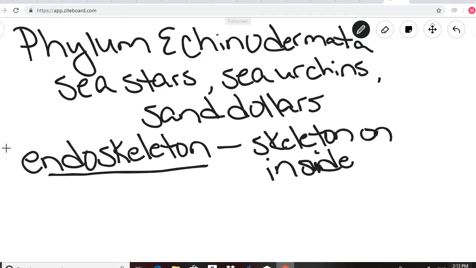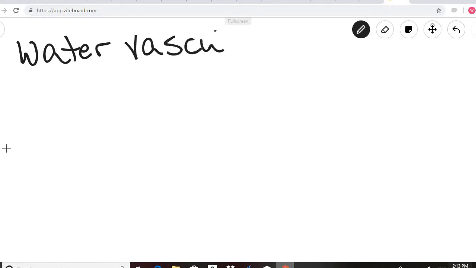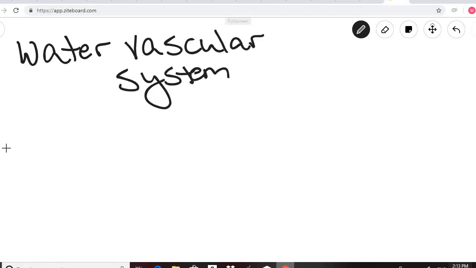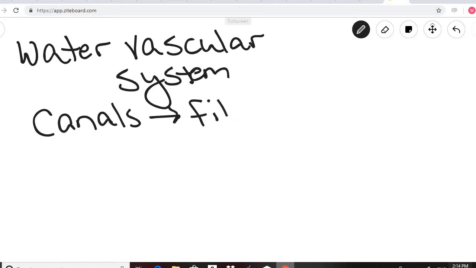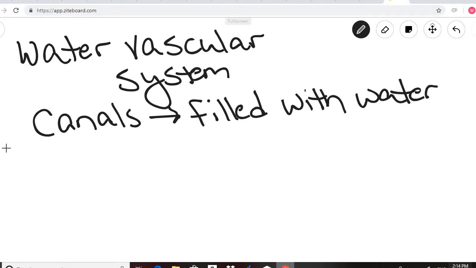They have what is referred to as a water vascular system. And that means that they have these canals that are filled with water, and those canals are what is used for movement and feeding.